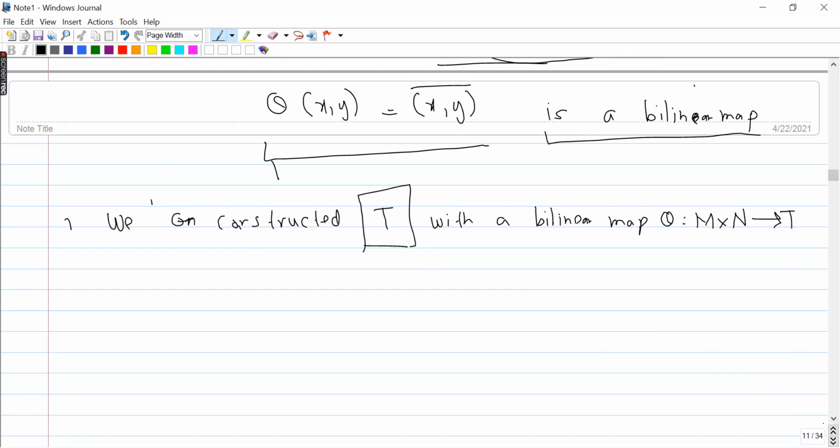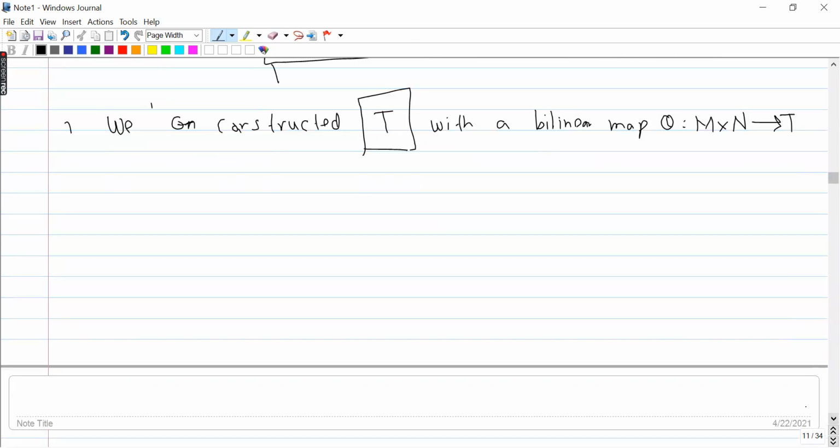We still need to show this, because this is part of the definition that the tensor product is a pair T comma theta, where T is an R module and theta is a bilinear map from M cross N to T, such that they satisfy the universal property of the tensor product. So we will see that this T that I have constructed satisfies the universal property.